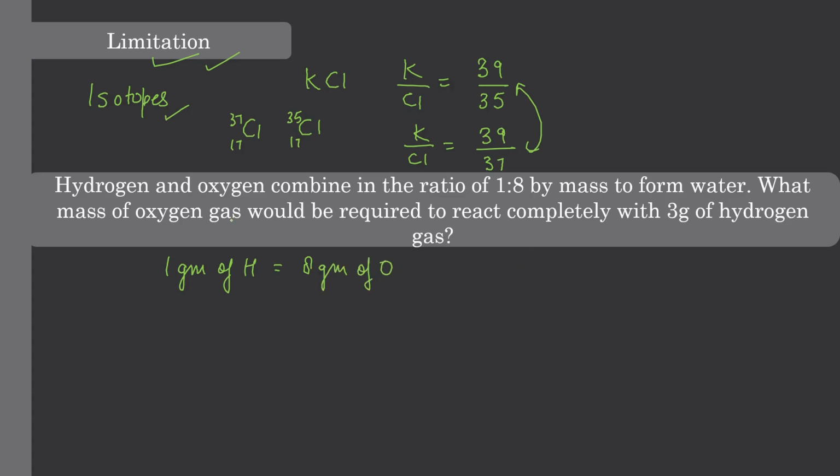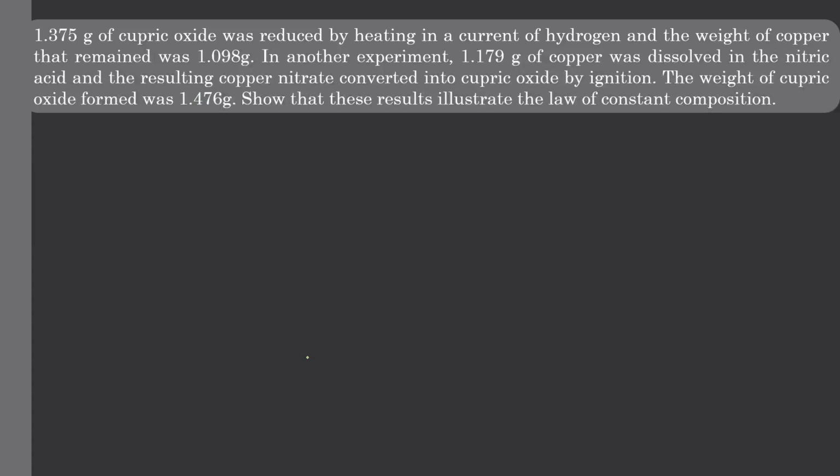They're asking what mass of oxygen gas would be required if 3 gram of hydrogen gas is taken. Mass of oxygen required is 3 into 8 gram of oxygen. 8 3s are 24 gram is our answer. And that is a super easy question. We have to focus on this question because this can be asked in your exam.